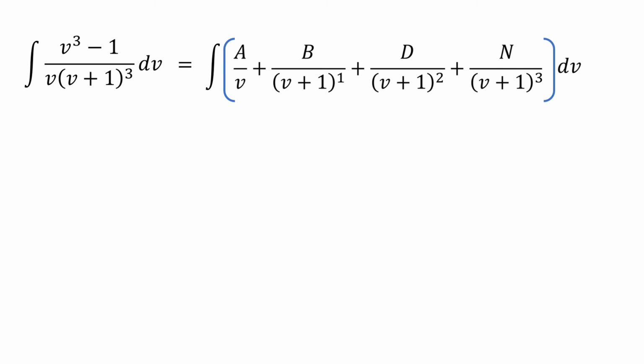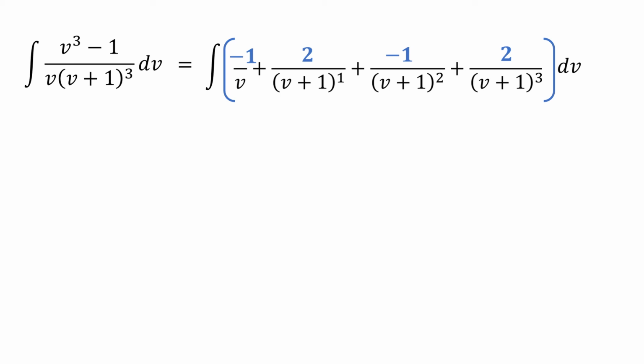We were able to solve for the value of A, which is -1, the value of B is +2, the value of D is -1, and N is +2.